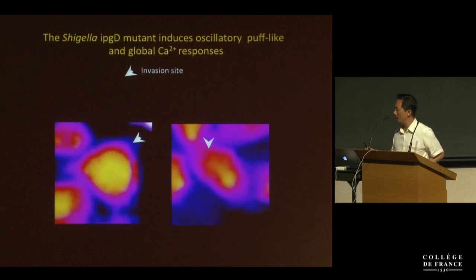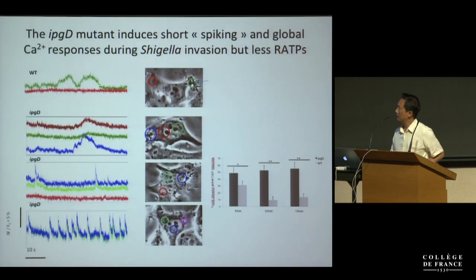As opposed to the wild-type strain that induces mostly, and this is the same view but this time quantified, in different areas of the same cells. Here in the case of the wild type, you can see the calcium signals are local and they remain confined to entry sites.